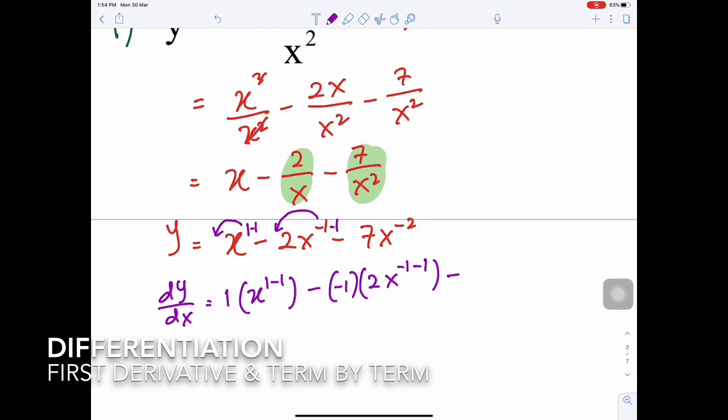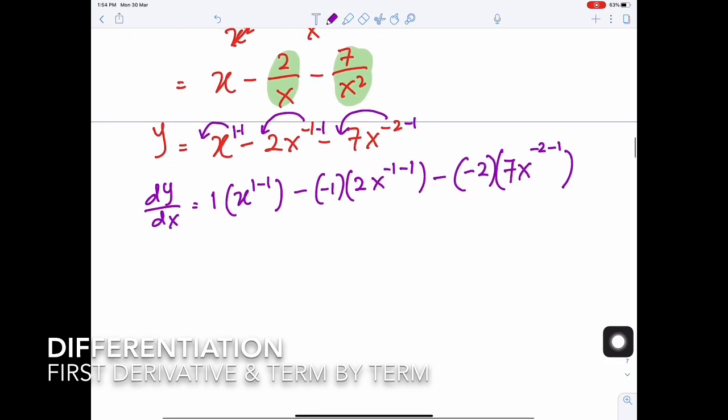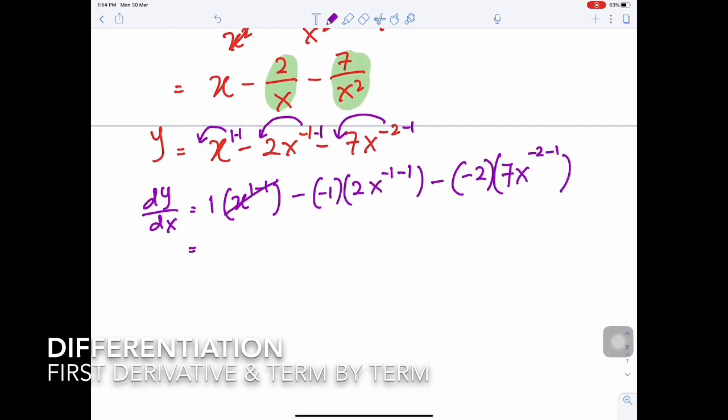This is the function y, and then we differentiate y with respect to x. Power of 1 is brought forward, so 1, x power of 1 minus 1, minus, bring forward negative 1 times 2x power of negative 1 minus 1, also minus 1. Alright, minus, bring forward negative 2, 7x remains, power of negative 2 minus 1. This equals 1 because x power of 0 equals 1, so 1 plus 2x power of negative 2, negative negative plus, 2 times 7, 14x power of negative 3.